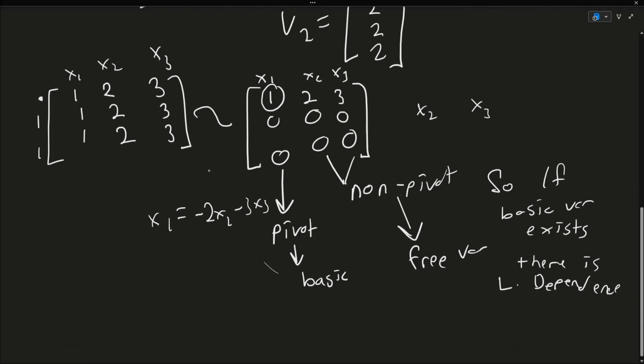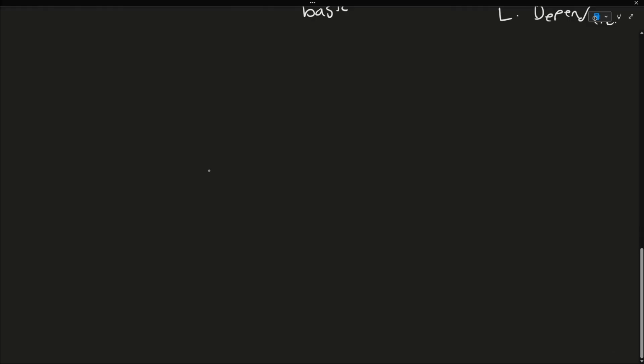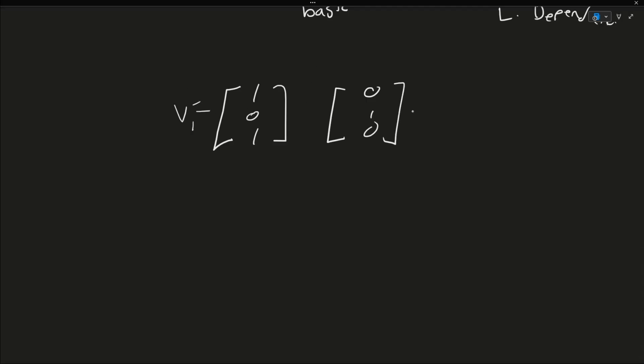So I want to now give you an example where we don't have linear dependence, we have linear independence. Let's think about these vectors. Let's call this v1 and let's call this v2. Over here I have 1 0 1, and for v2 I have 0 1 0.